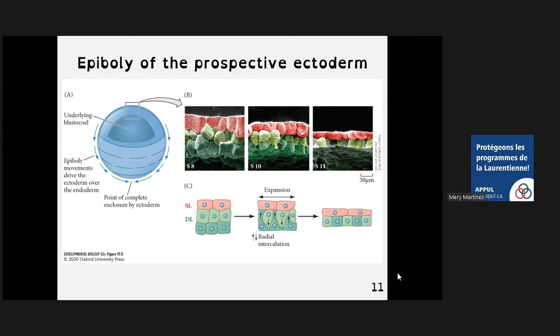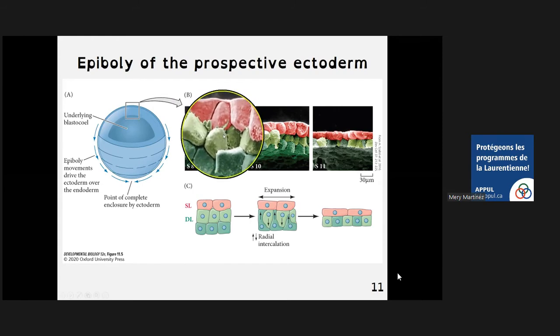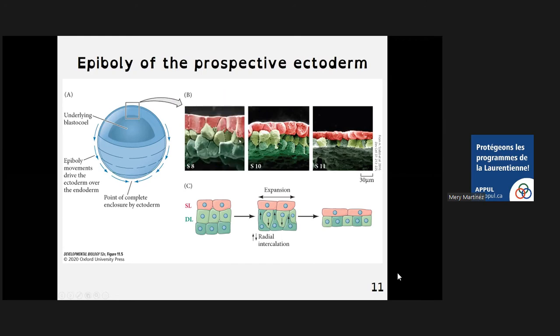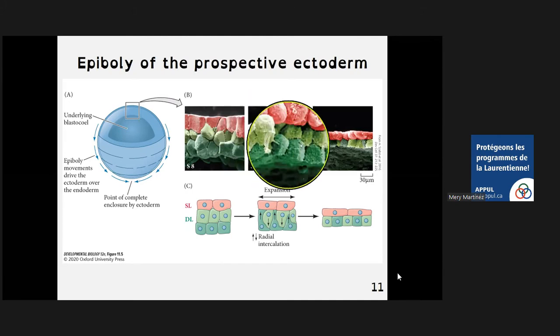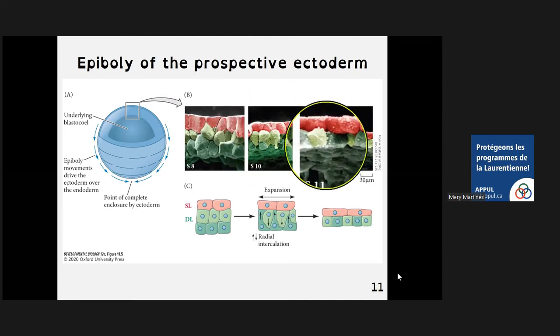Okay, so cells from the deep layer send protrusive processes radially towards the surface. We don't see them too much, but maybe in this one here, we see how they start pulling themselves up with little anchors. Okay, and that's how they're going to start intercalating. So in here, if we look at it, we have dark and lighter.